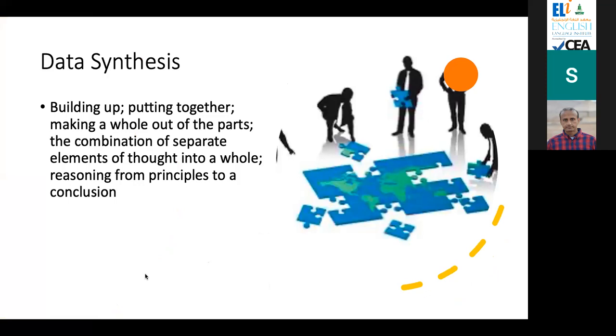Now, data synthesis. This is the time when we have read and gathered all the information, building up, putting together, making a whole out of the parts. Now this is the time where we are linking ideas together, linking our thinking. We are going to see what idea connects with what, and then we try to complete this puzzle by linking ideas.